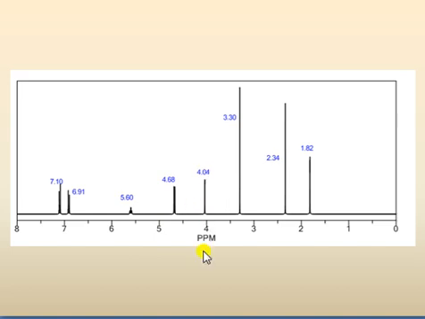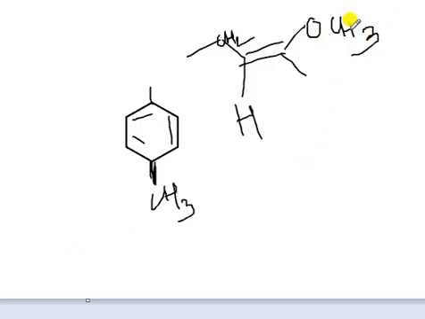So how can it be this much shifted and CH2? This is the CH3 we got. Okay, one CH3 is there.